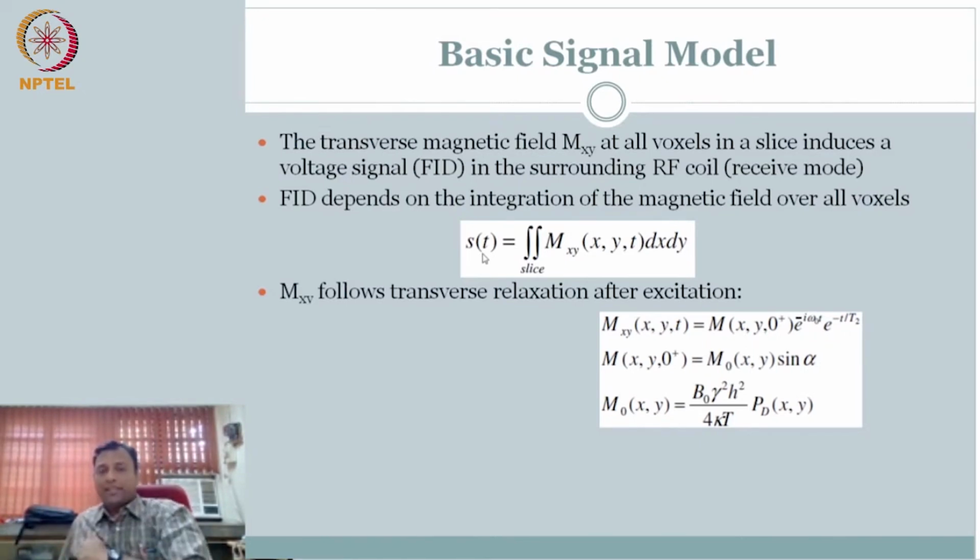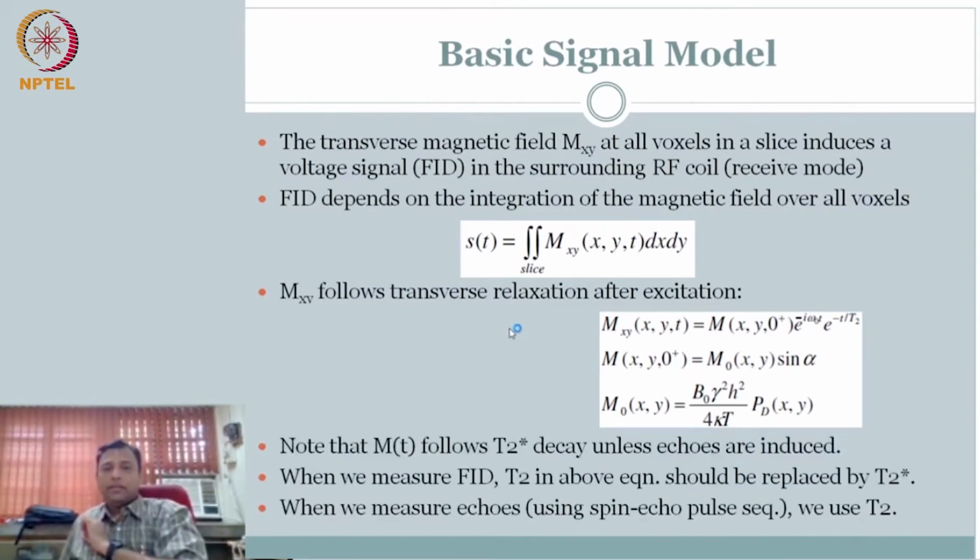So what you are measuring, S of t, is nothing but every component that is coming from this complete slice. Of course, with the M of t, we should be careful. This is correct. Like I keep saying, T2, we have put it for purposes of explanation and going forward. But do recognize that technically this is T2 star.